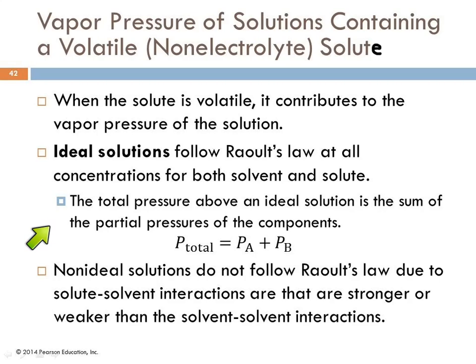The total pressure above an ideal solution is the sum of the partial pressures of the components. So if your solute is volatile, let's say B is the solute, it's going to contribute to the total vapor pressure of the solution.